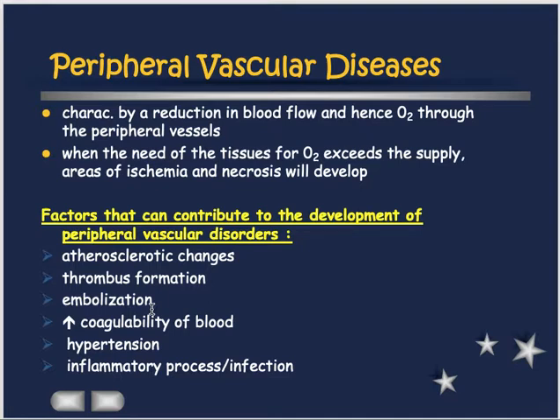and all these things. And that's one of the reasons that, as we discuss all these things, you will know that the risk factors for heart conditions and the risk factors for stroke are more or less the same. You can see over here the factors that can contribute to the development of peripheral vascular disorders.